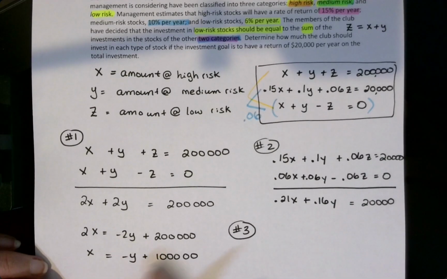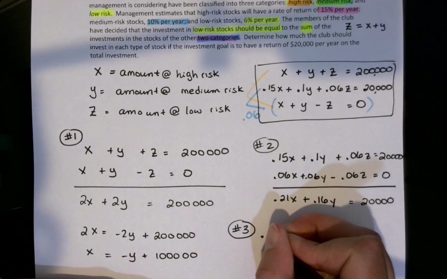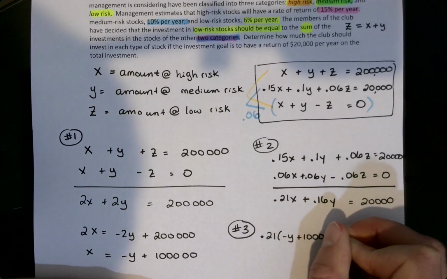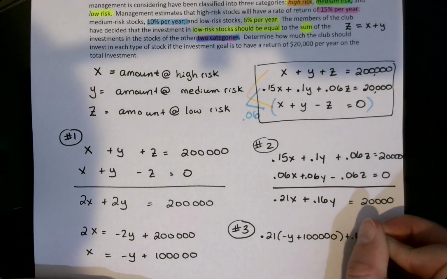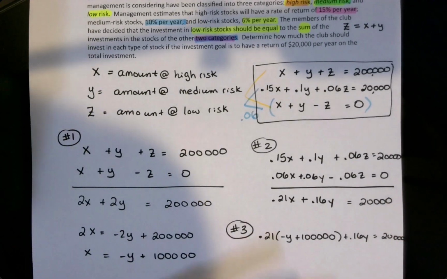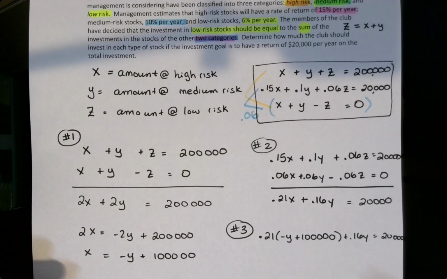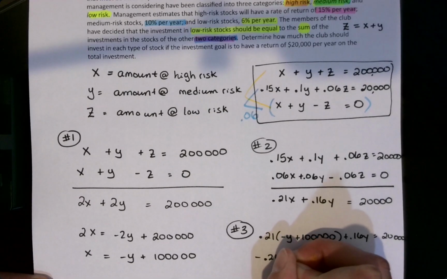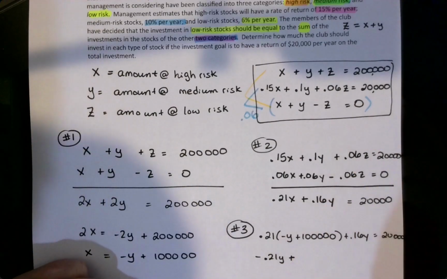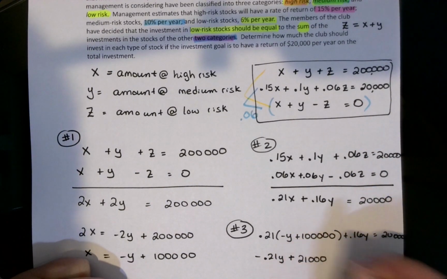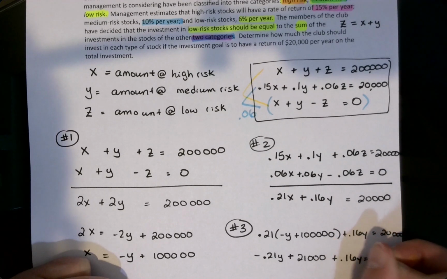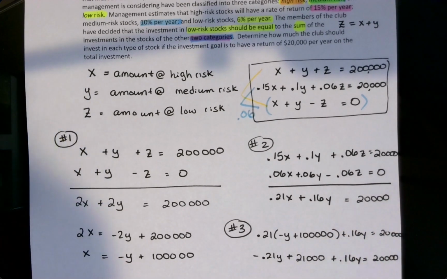In step 3, I'm going to plug that in for x. So 0.21 times negative y plus 100,000 plus 0.16y equals 20,000. If we distribute, that gives us negative 0.21y plus 21,000, 0.21 times 100,000, plus 0.16y equals 20,000.